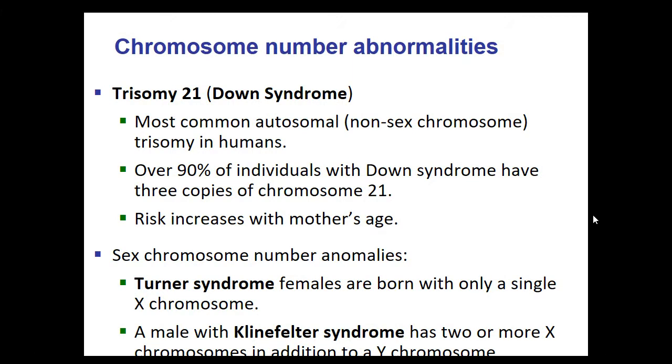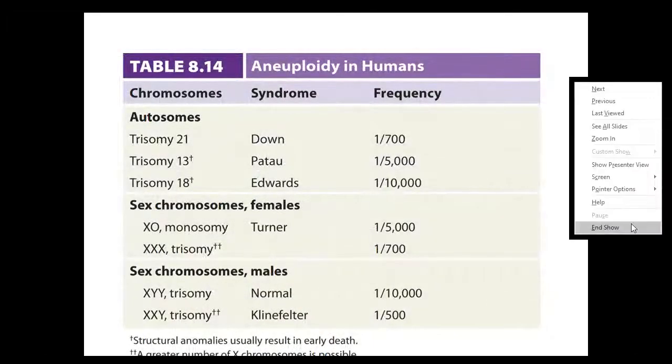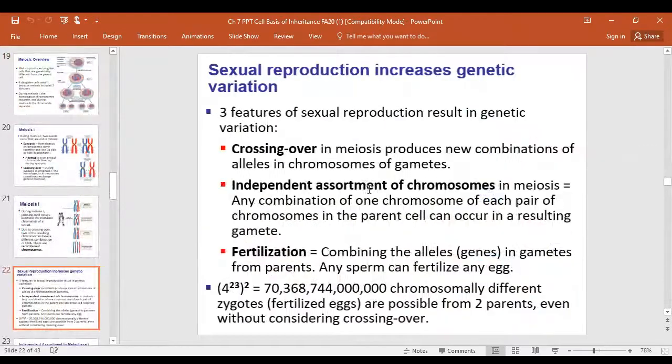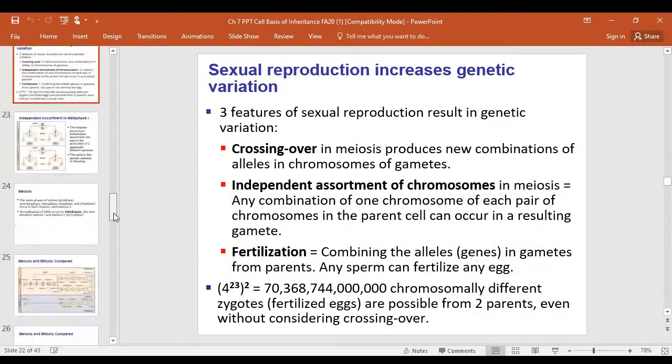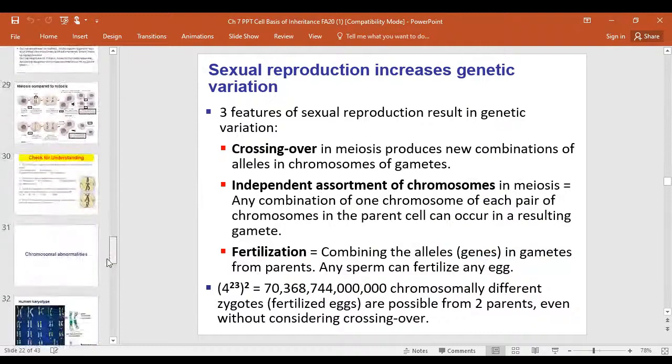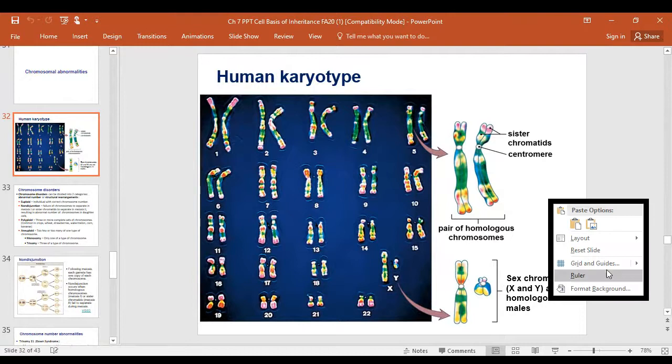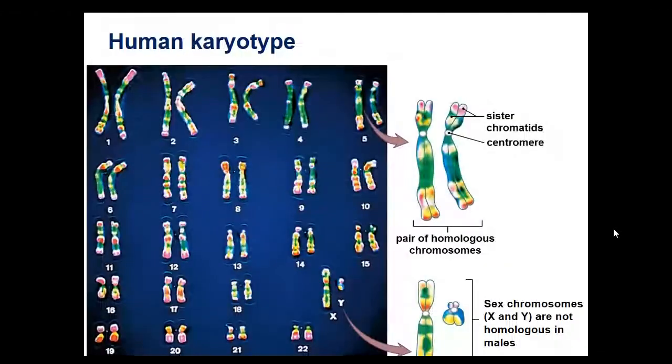Down syndrome, most cases of Down syndrome are caused by trisomy 21, a third chromosome number 21. And so one of the reasons for doing a karyotype like this, why would you bother doing this for somebody?